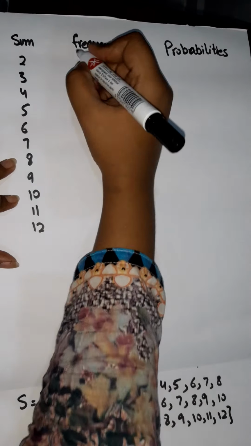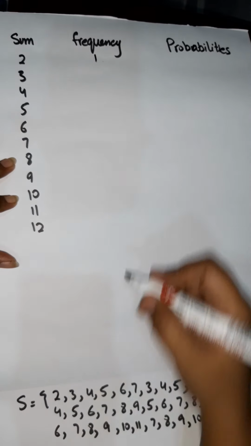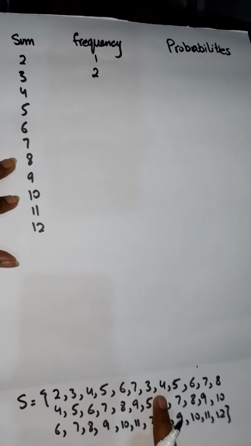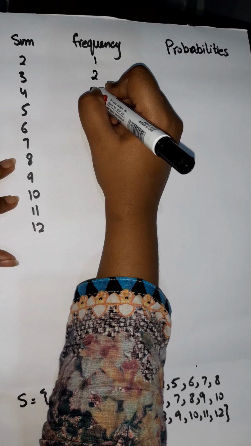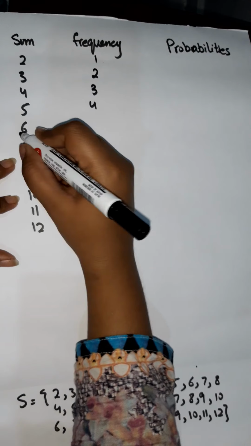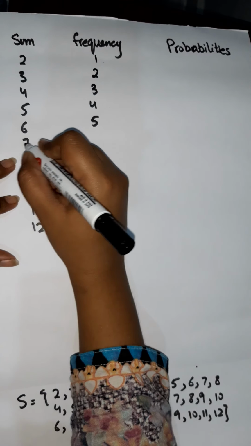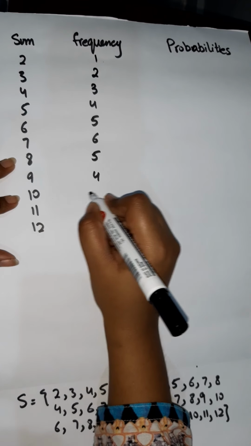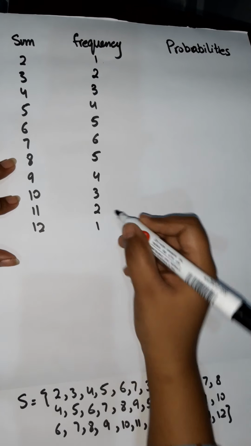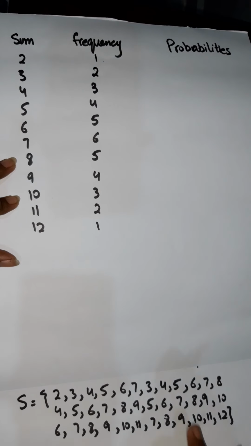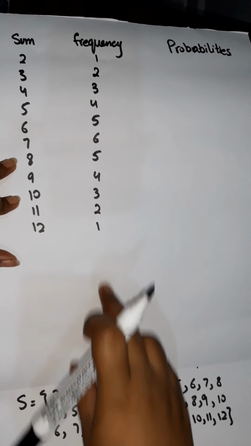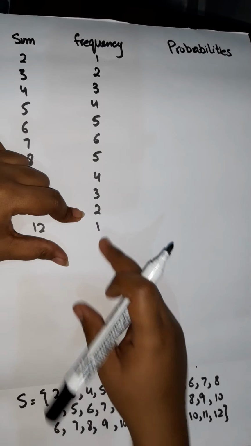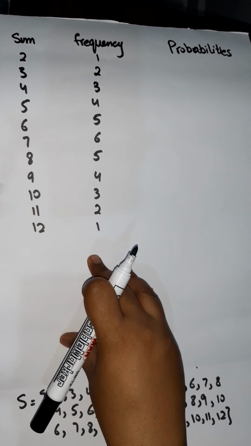In this sample space, 2 occurs 1 time, 3 occurs 2 times, 4 occurs 3 times, then 4, 5, 6, 5, 4, 3, 2, 1. You count all of these sums and write how many times they occur in the sample space of your question.